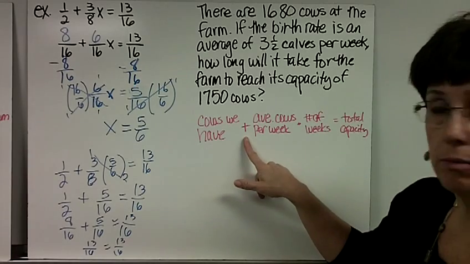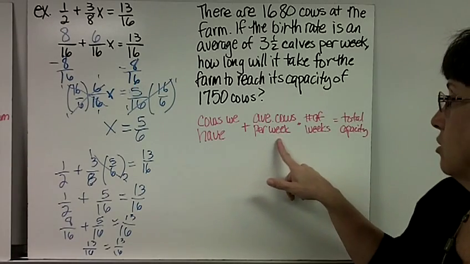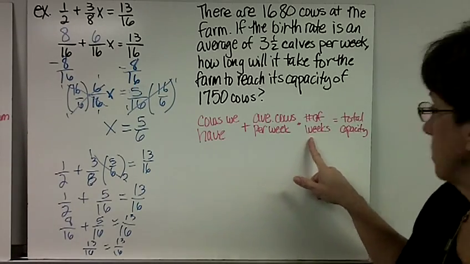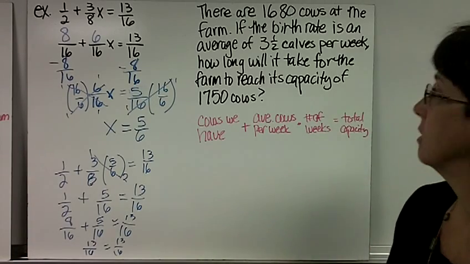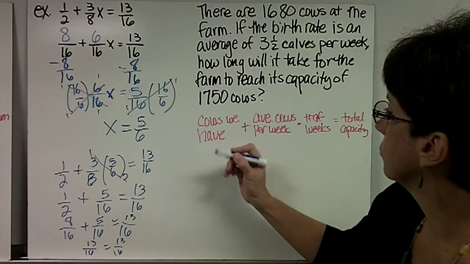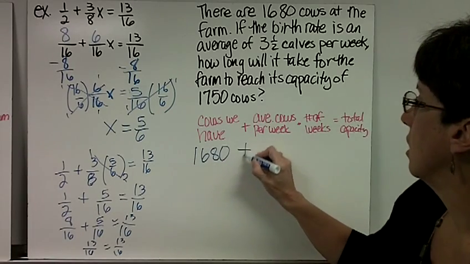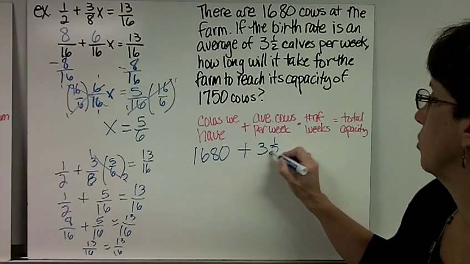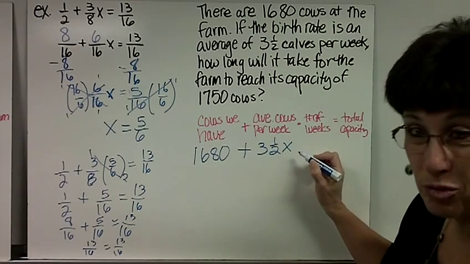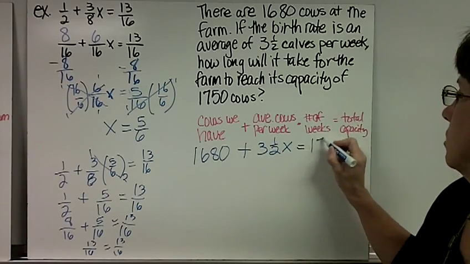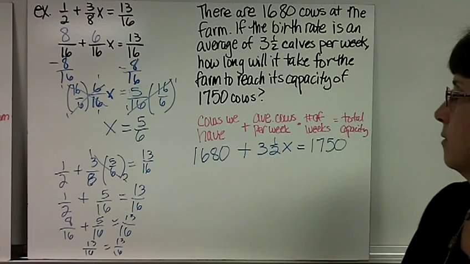Cows we have plus average number of cows per week times the number of weeks equals the total capacity. So we have 1,680 cows, 3.5 cows per week, we don't know the number of weeks, equals 1,750 cows.